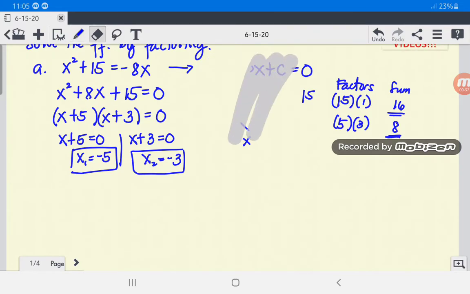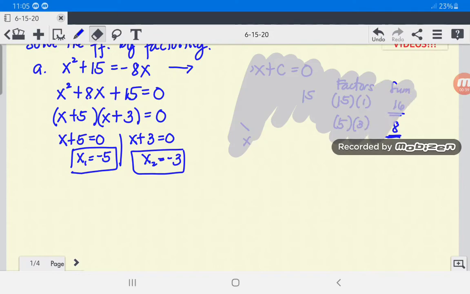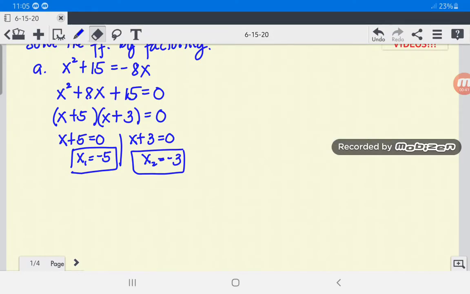Then, after that, let us now check. So, to check, if x is equal to negative 5, that is our x sub 1. Substitute it into the original equation. x squared plus 15 equals negative 8x. So, you substitute the value of x.